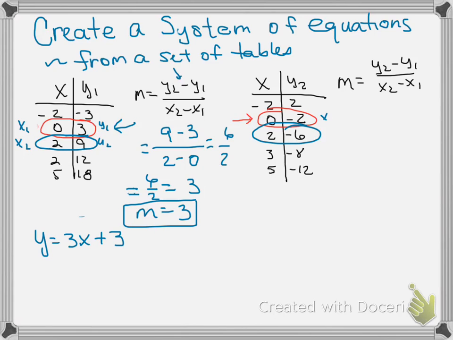This is y1, I'm going to say this is y2, I'm going to use this as x1, and this is going to be x2. Alright, so I'm going to plug in my slope information.